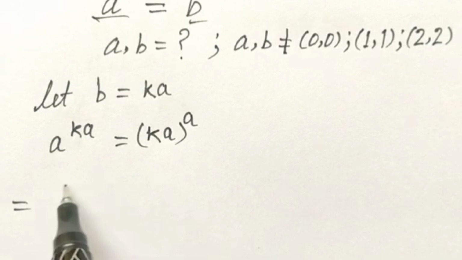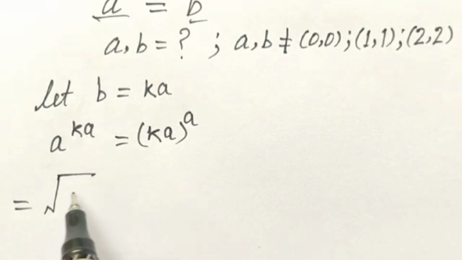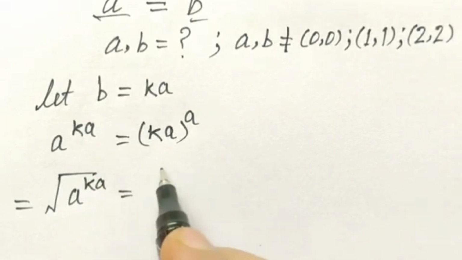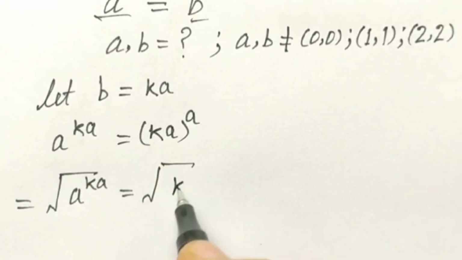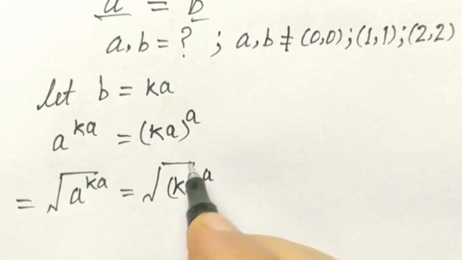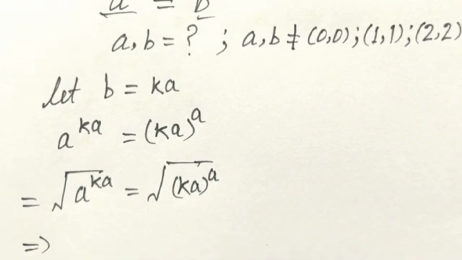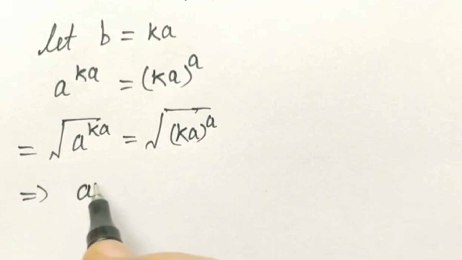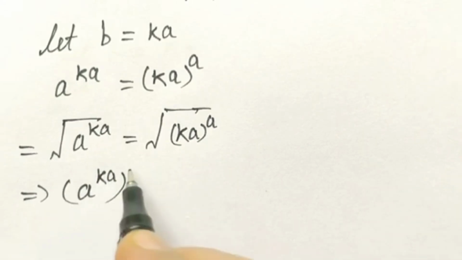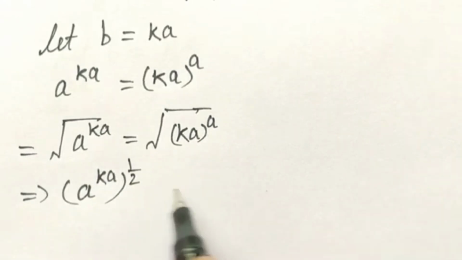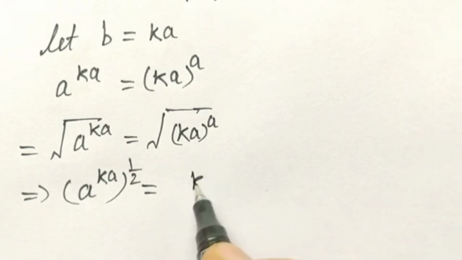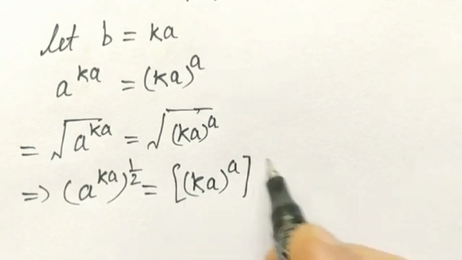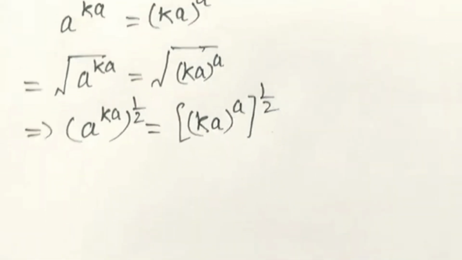If we take the square root on both sides, a to the power ka to the power half is equal to k into a to the power a to the power half.